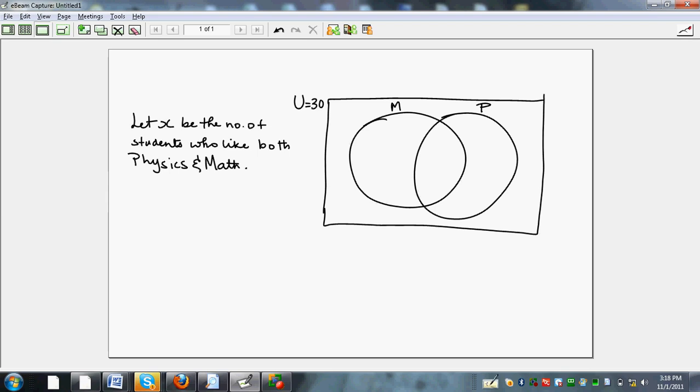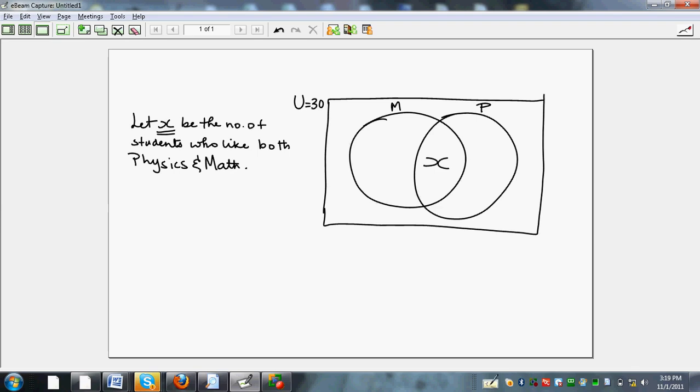Okay, that's the first thing we do, and that's how we came up with those two circles there. The X has to be placed here because it would represent those that like both.